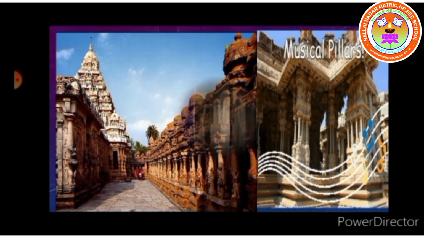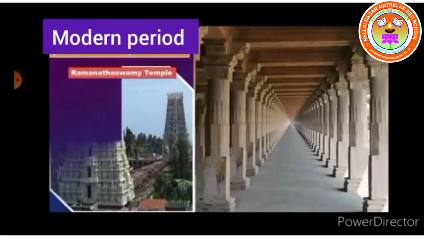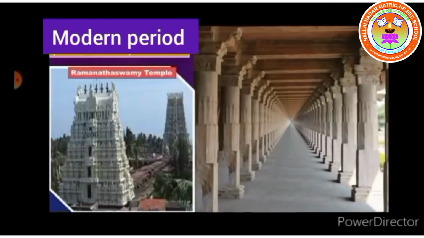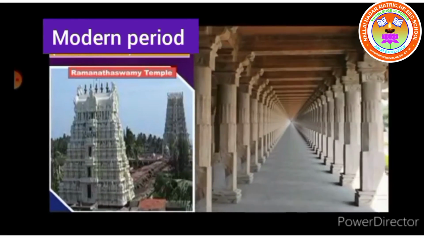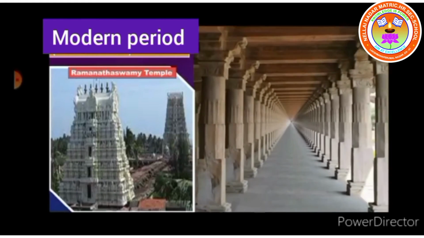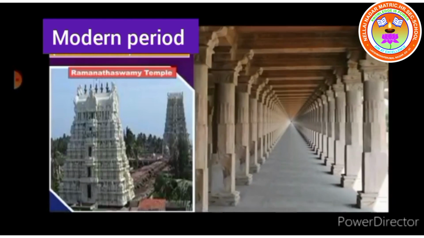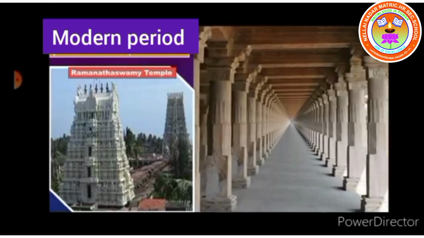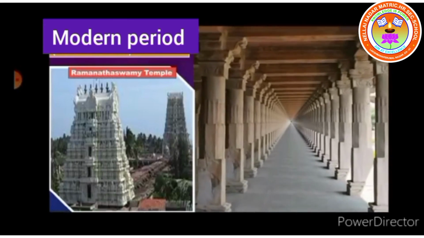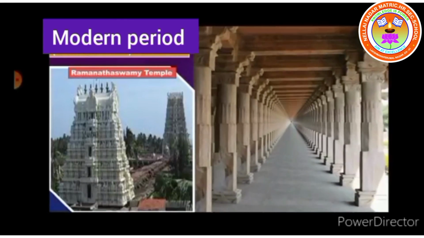Next, let us see modern period. In the modern period, the Sethupadis as the federates of Madurai Nayaks ruled Ramanathapuram and contributed to the Ramanatha Swami temple architecture. The temple of Rameshwaram is known for the predominance of corridors. It is claimed that this temple has the longest set of corridors in the world.